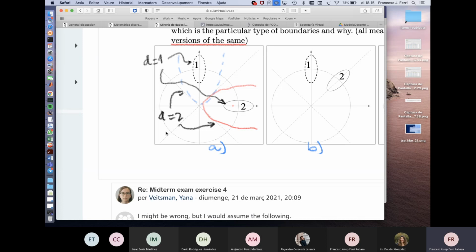Something must be happening here. Okay? The region around here has to belong to class 1. So something like this must happen. But is this possible? Is this shape possible?